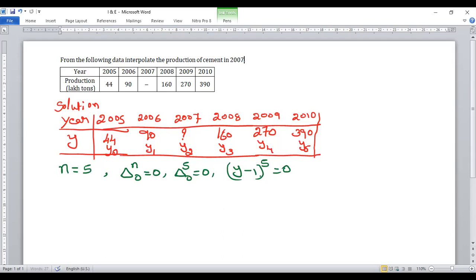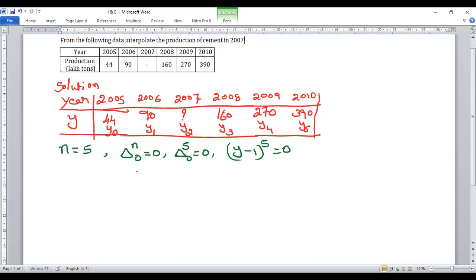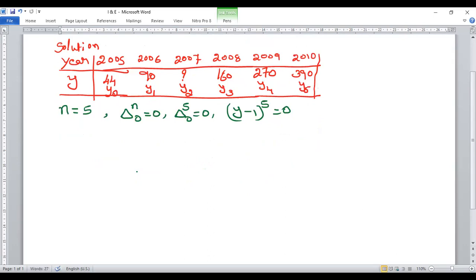The left-hand side of the equation is expanded by using the binomial expansion method. When we say binomial expansion method, we can use a table, the Pascal triangle method, or use combinations.